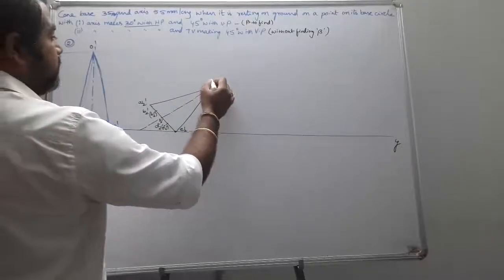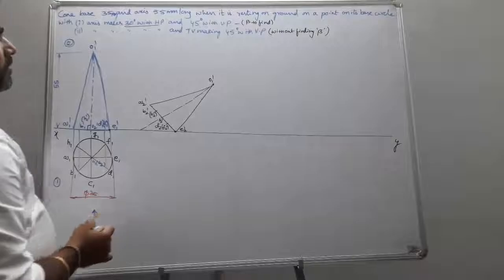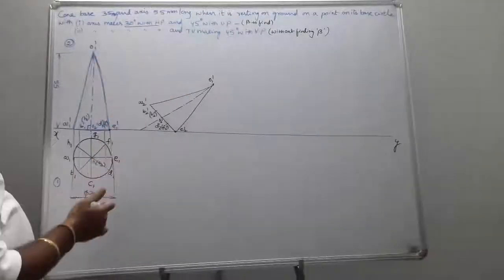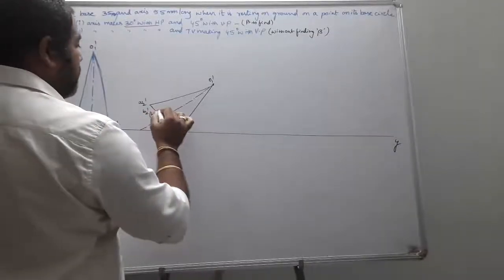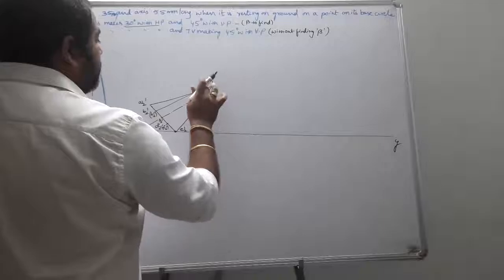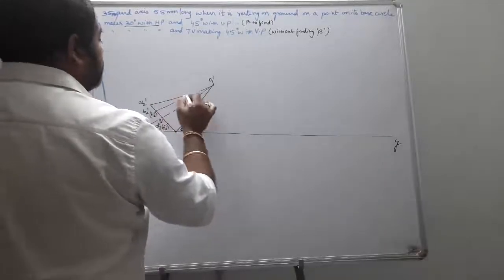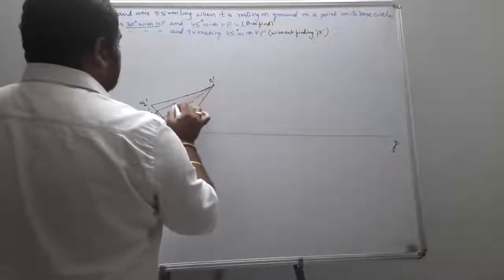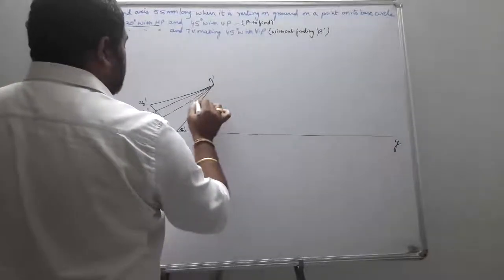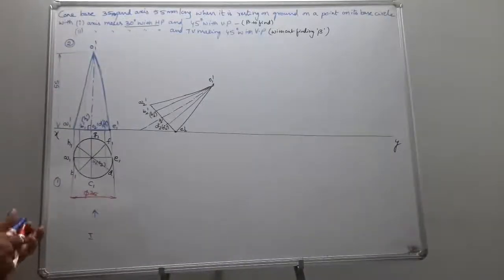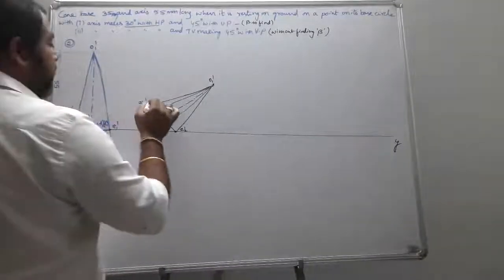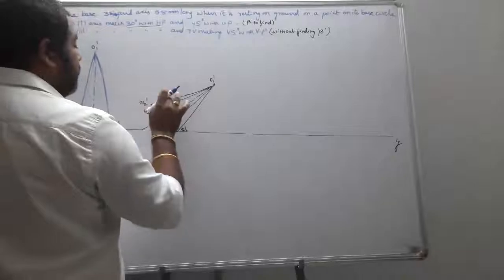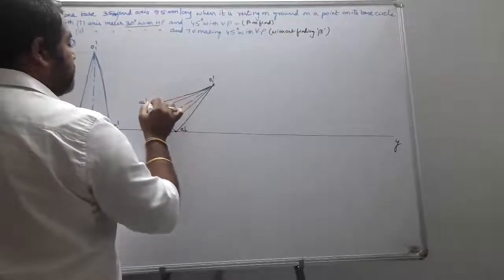This is your O1 dash. I just reconstruct the figure. But you just consider only the end generators. This is the visible outline. So you just consider this outline only.